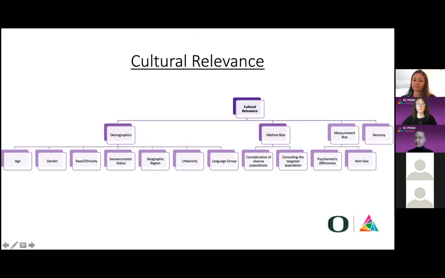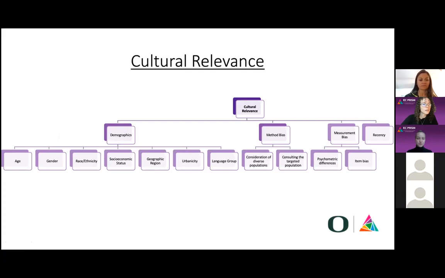The 2 forms of measurement bias look for psychometric differences, differences in those technical merit statistics, as well as applying specific tests that look directly at item bias in the measure. And then the final category is the recency. Again, this whole list of categories is in our scoring guidebook, and there are more detailed descriptions of each of these if you would like more information.